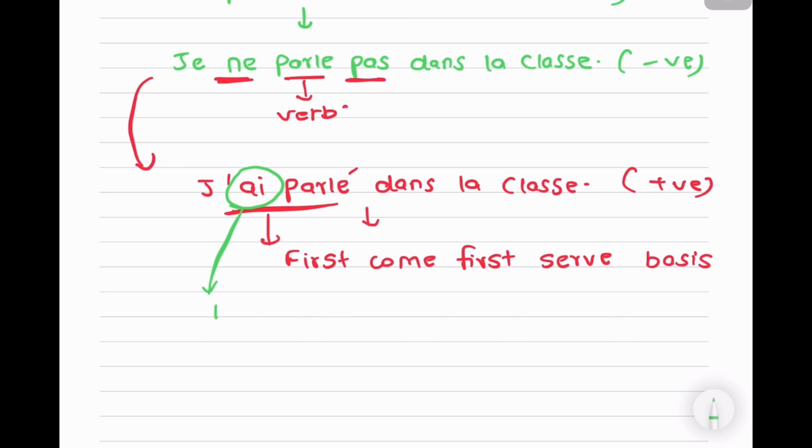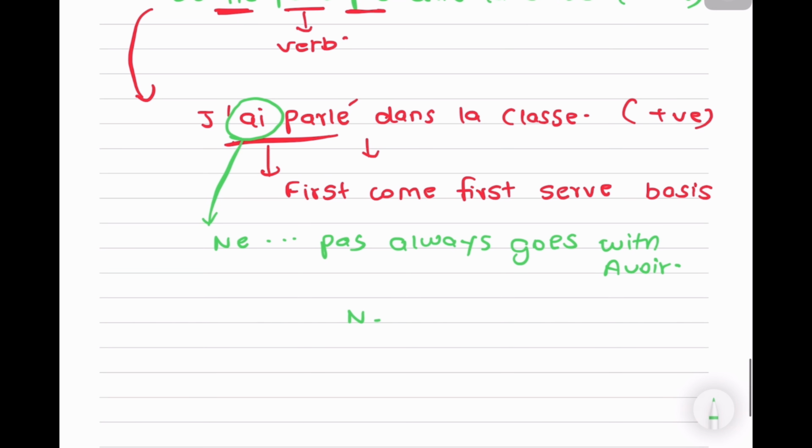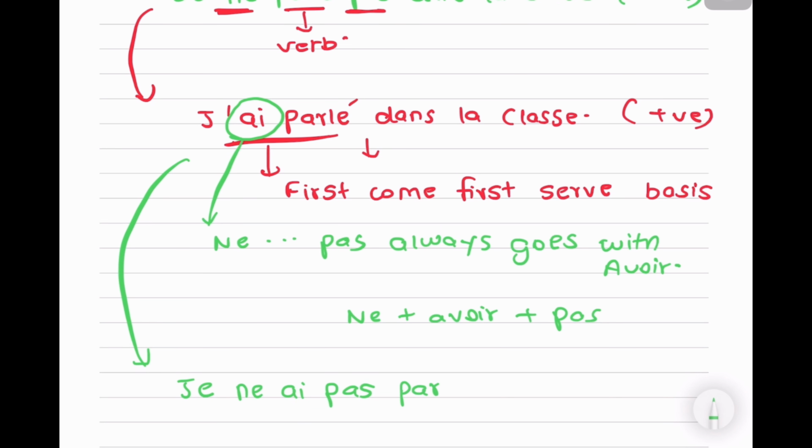That means ne pas always goes with the helping verb, or avoir. Okay, that means ne before avoir and pas after avoir. So my sentence becomes je ne ai pas parlé dans la classe.